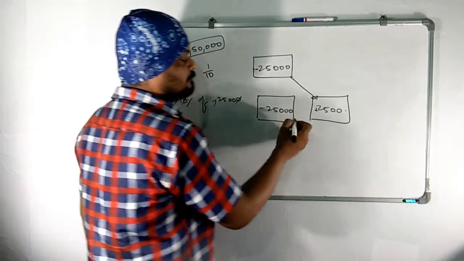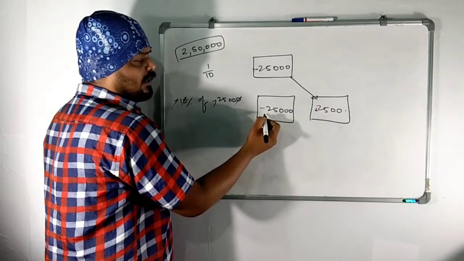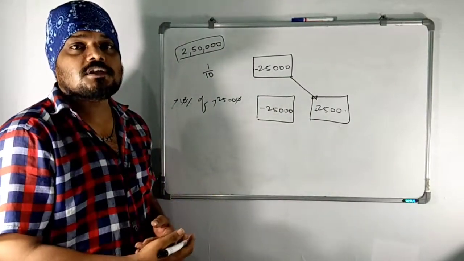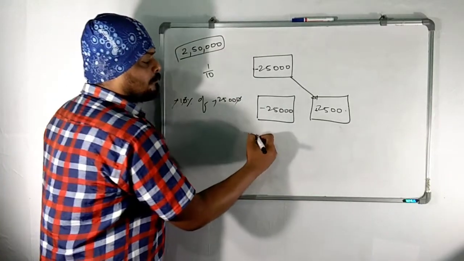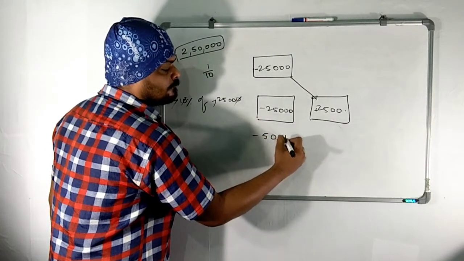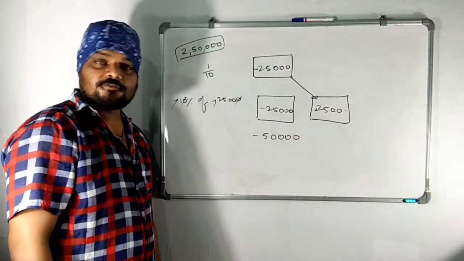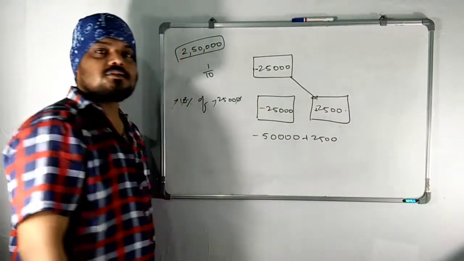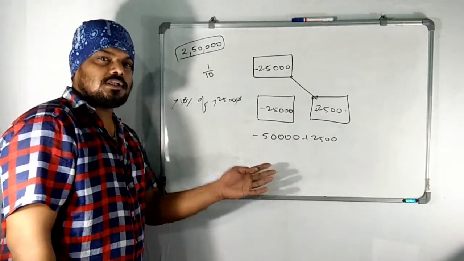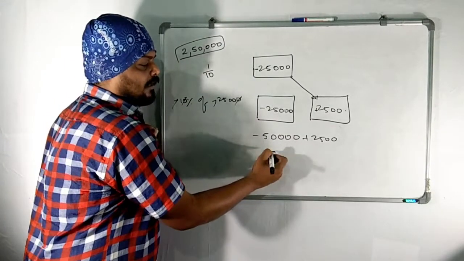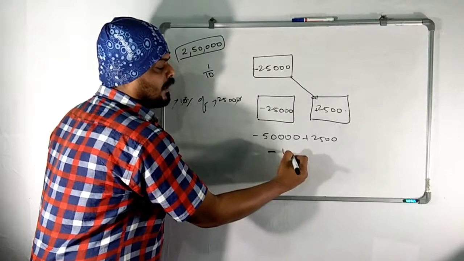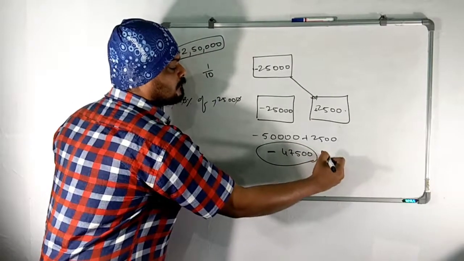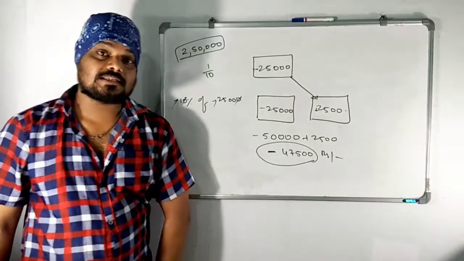Then minus 25,000 minus 25,000 is minus 50,000, and plus 2500. If you solve this, it is depreciated by 47,500 rupees. You will get the answer easily.